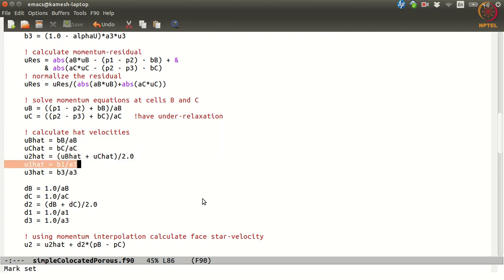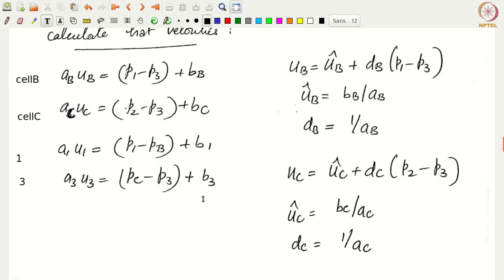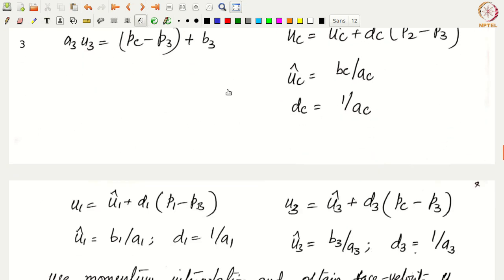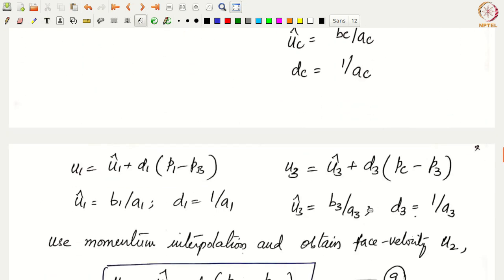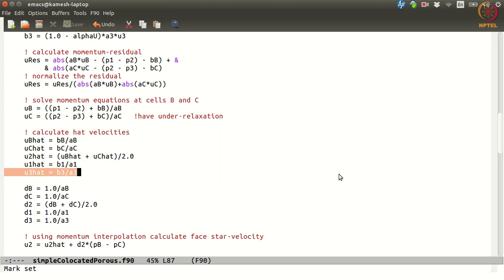Then your U1 hat would be B1 by A1, and U3 hat would be B3 by A3, right? That's what we have here.